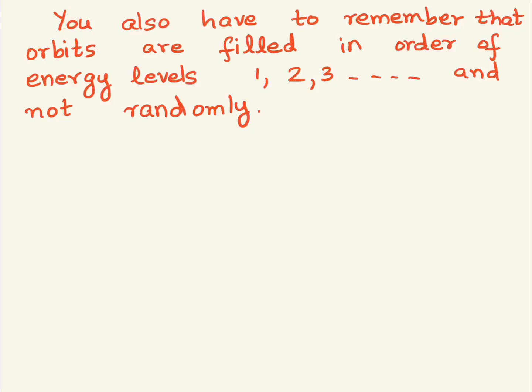Next, when we fill the electrons, when a child enters the school, how does he enter? Yes, we start with nursery, then kindergarten, then class 1, class 2 and so on, right?